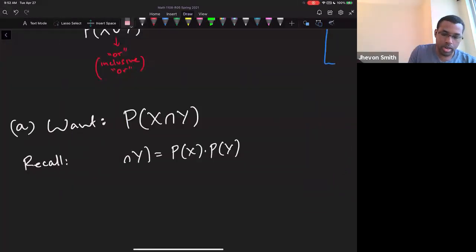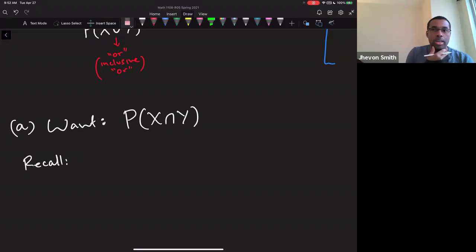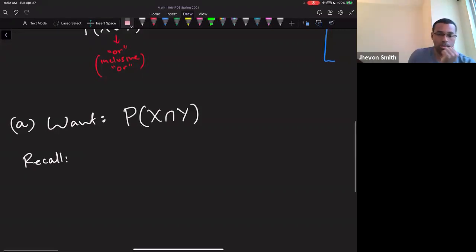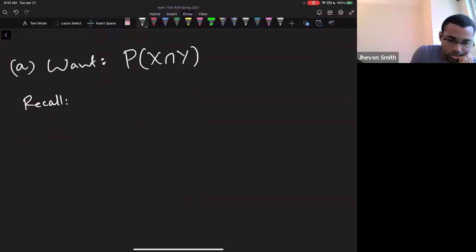Is there anything that we know works in general, no matter what, that connects or and and together? Okay, so there was something called the law of disjunction.